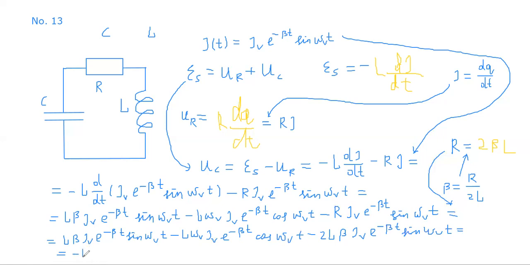And this is equal to minus L I v e to the power of minus beta t times beta sine omega v t plus omega v cosine omega v t.